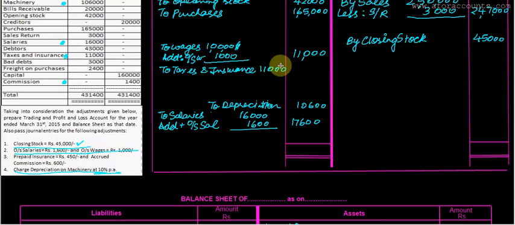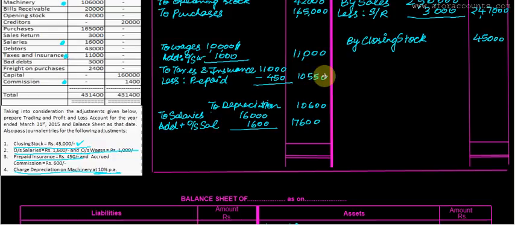Find the adjustment entry for taxes and insurance. Prepaid insurance 450. So what do you have to do? Less prepaid. It doesn't pertain to this year. I have paid it, so I will have to subtract it now. 11,000 minus 450 will be 10,550.